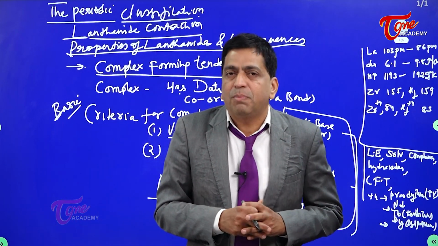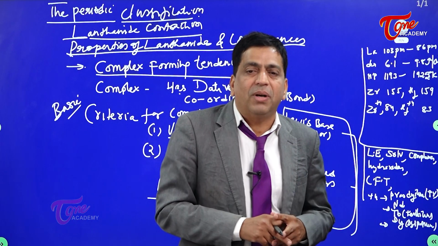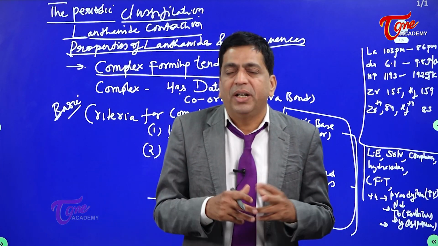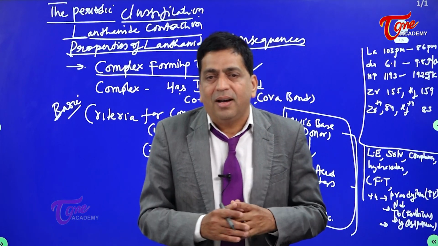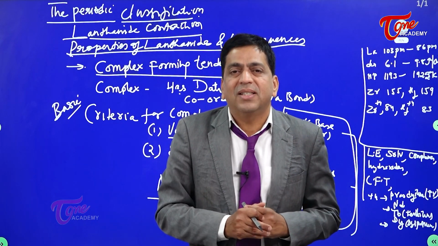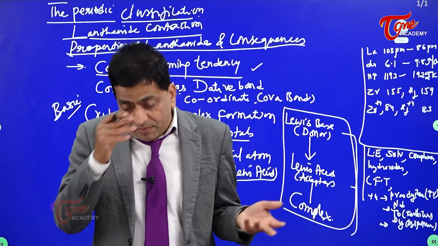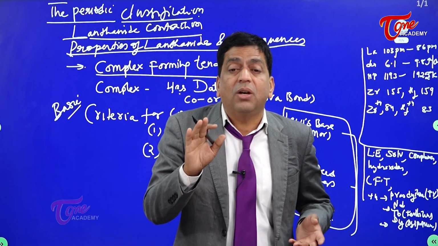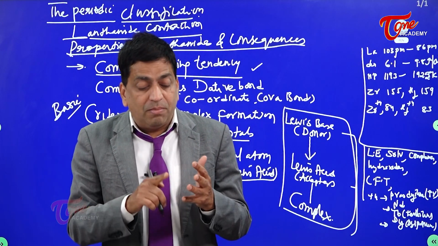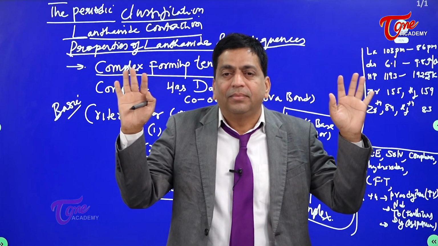So if someone is speaking of potassium complexes and sodium complexes and rubidium complexes, you slap that fellow and tell him that rubidium, potassium and sodium are the biggest sizes in the periodic table, and for forming a complex, the size of the central atom must be small. You tell him that. But very consciously, I was taking the examples of potassium, sodium and rubidium and left out lithium.